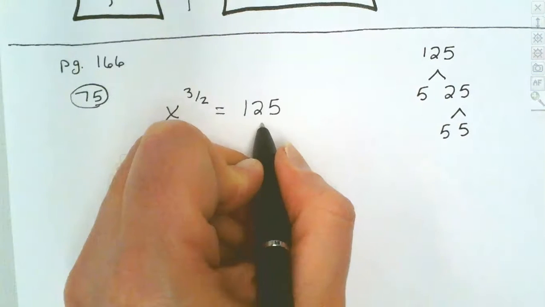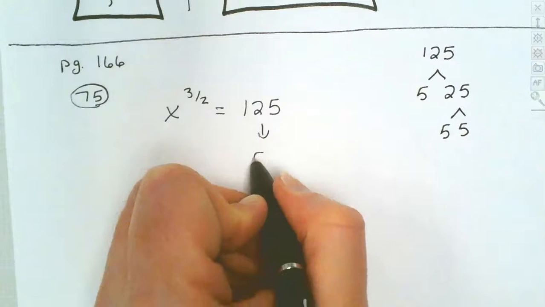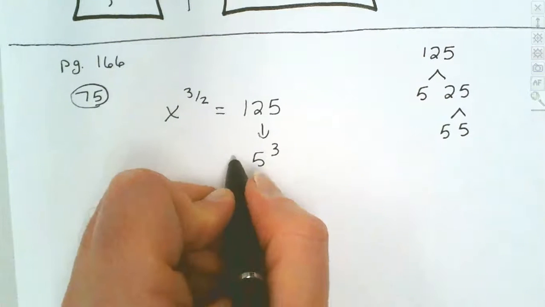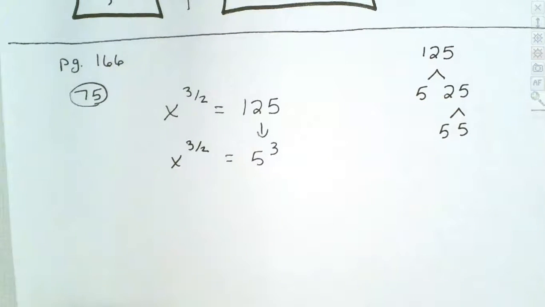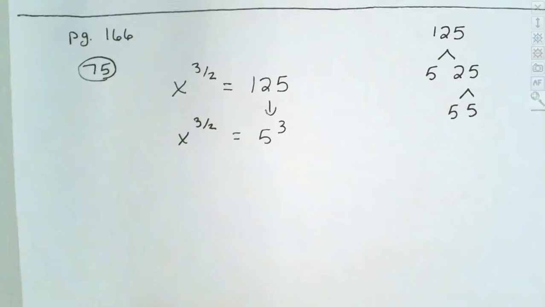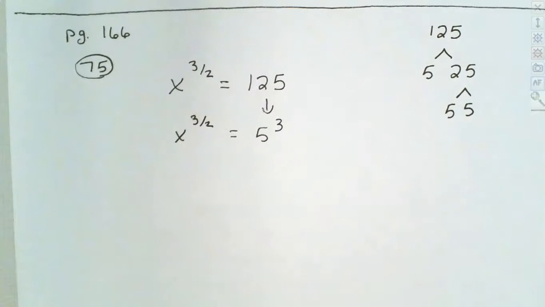So this 125 is going to break up into 5 cubed. So whenever you have a problem like this one, look on that right-hand side and see if you can break it up. And we could break that 125 into 5 cubed, because 125 is a perfect cube.